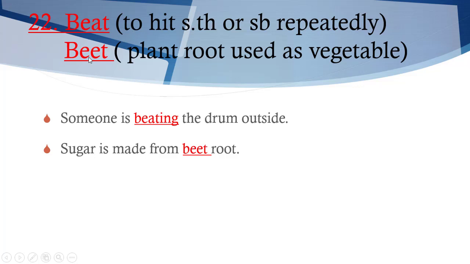Whereas the second word means a plant root used as a vegetable. Someone is beating the drum outside. This is the sentence of beat, B-E-A-T. Now we can use this second word: sugar is made from beetroot.